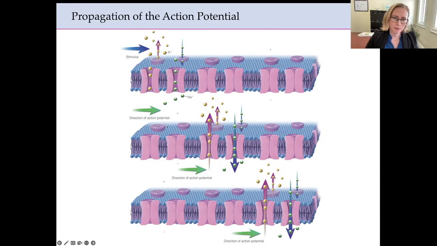But if it were to come back up here, these are refractory. These sodium channels are not going to open because they're in the refractory period. So the only direction that the electricity can have any effect is this way, where sodium channels are not refractory and they are waiting for the threshold of excitation. And when that potential reaches it, it triggers them to open. So that's why it only goes in one direction, because of the refractory period.